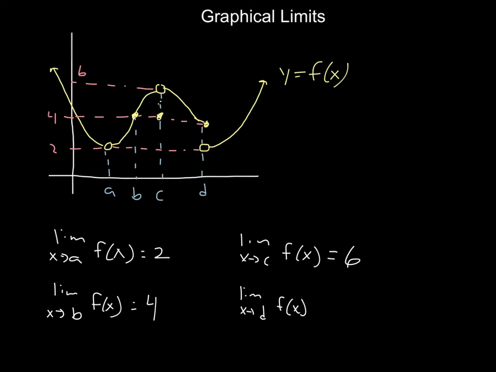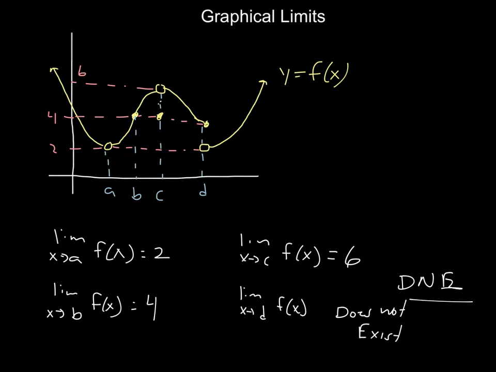So remember, the limit is the one value that we're moving closer and closer to as x gets closer to but not equal to d. Since we're getting closer to 2 different numbers, we would say that the limit as x approaches d of f of x does not exist, or DNE. That's an E.